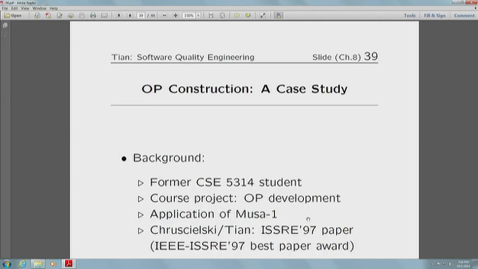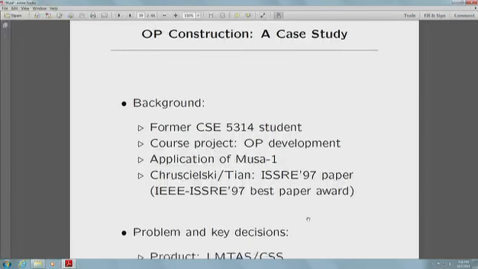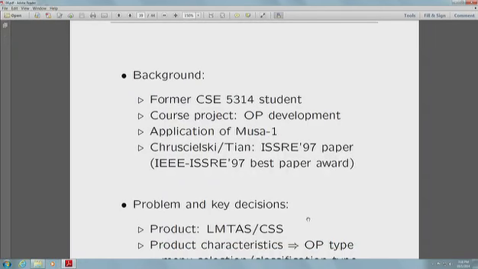The rest of the chapter is really a case study from one of my former students who was in the class and did that as a part of a project. He did such a good job that I asked him whether he wanted to try to make that into a paper, and so he did, and I helped him with the paper and with some of the background and the ideas as well.